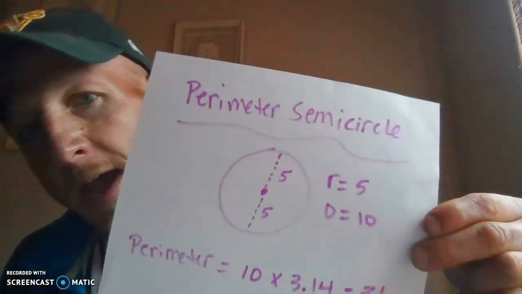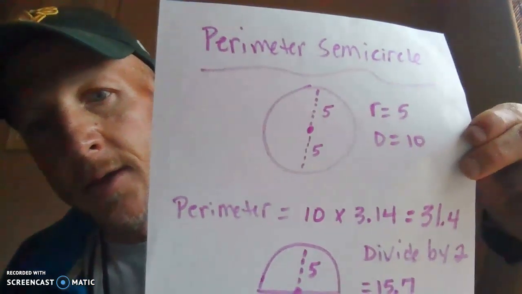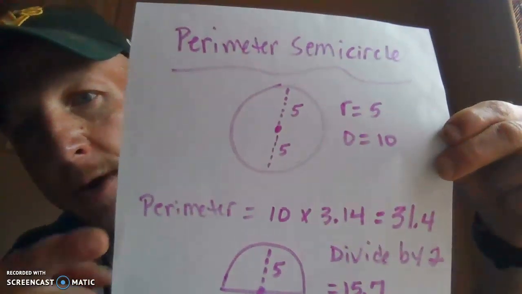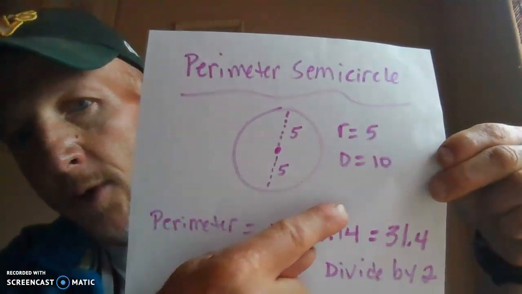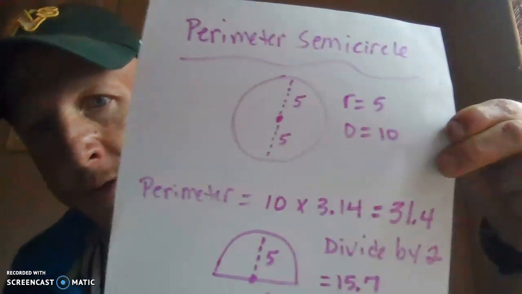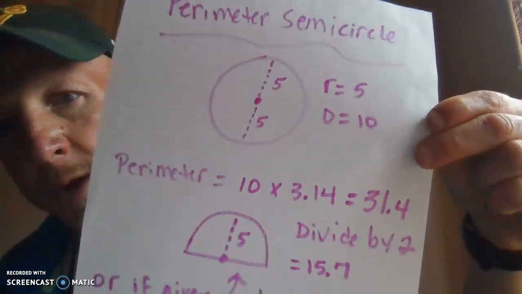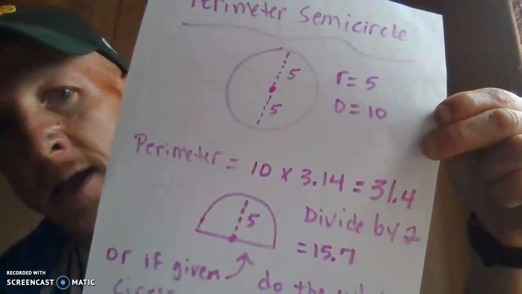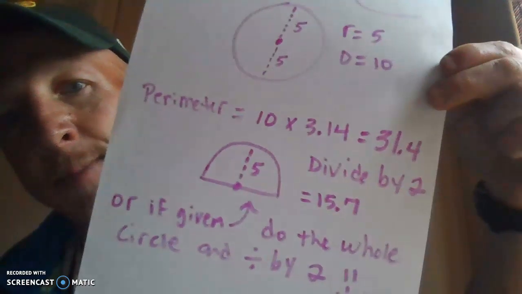Here's my circle with a radius of 5 and a diameter of 10. I would take my perimeter, and it equals 10 times 3.14, because my diameter is 10. So the perimeter of this circle is 31.4, or 31.42 if we carried out pi to the hundredths place. And I would again divide that amount by 2.